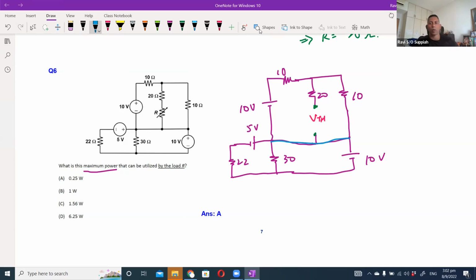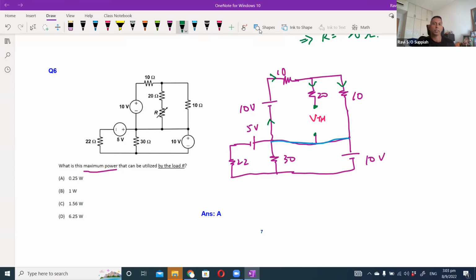Why? Because whatever current is coming out here is the same current that is going to come here, and it's only that current that is going to flow through here and here. So there is no influence by the 10-volt source in the current that is going to flow into the 20 ohm resistor. So you can effectively separate the two circuits.